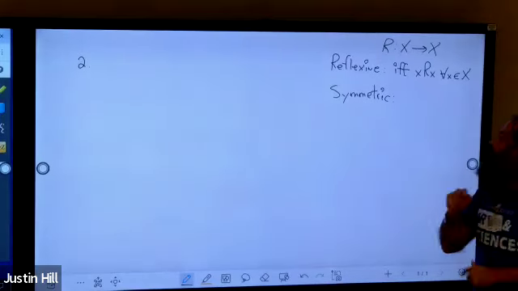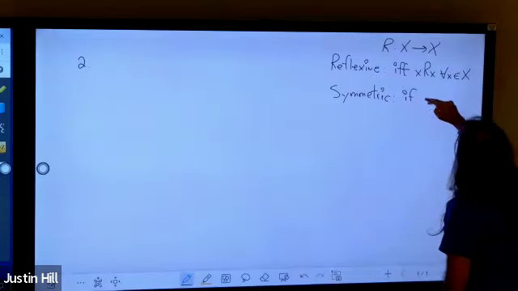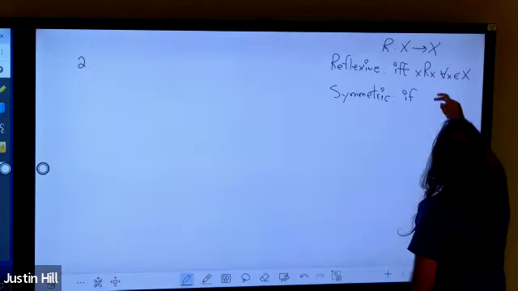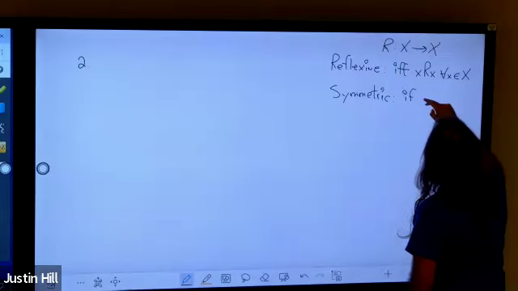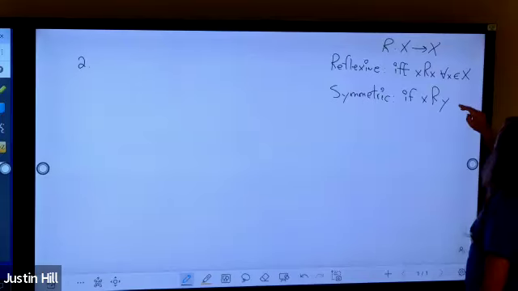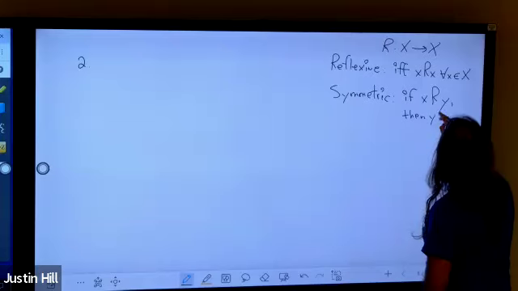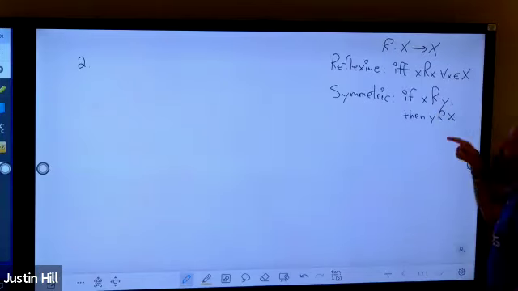I see symmetry. So this is if: if X is related to Y, then Y is related to X. So I see symmetry there.